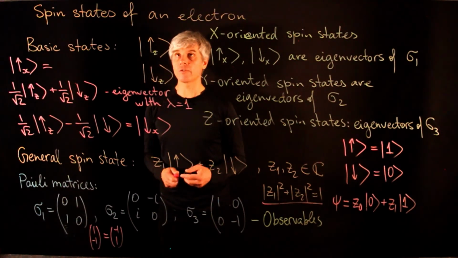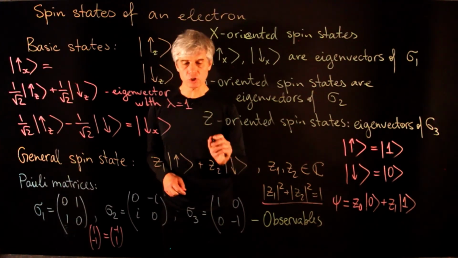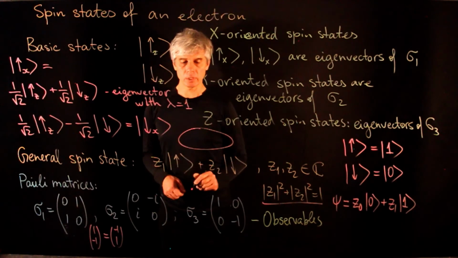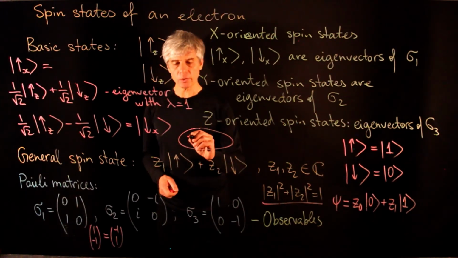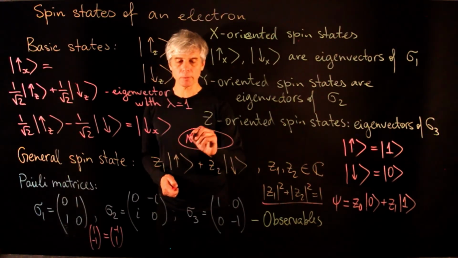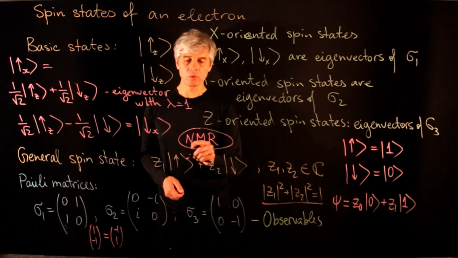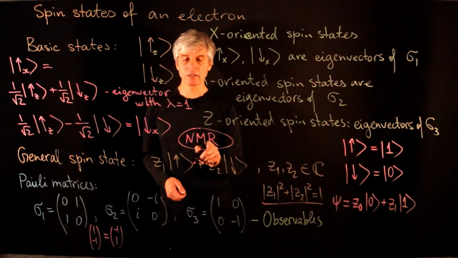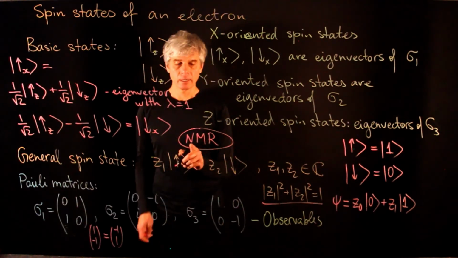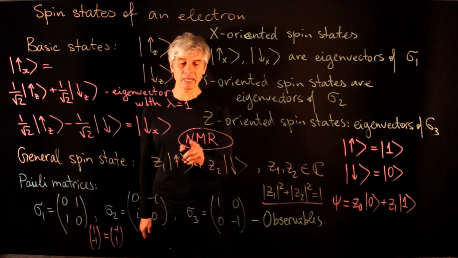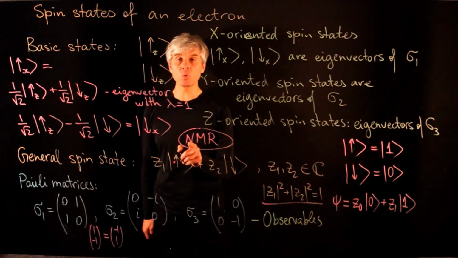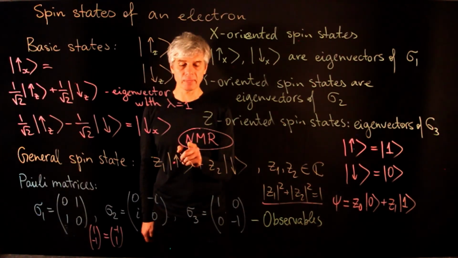And so when this technology was developed, the first name that was proposed was NMR, nuclear magnetic resonance. Here we measure magnetic resonance of nuclei of the atoms.